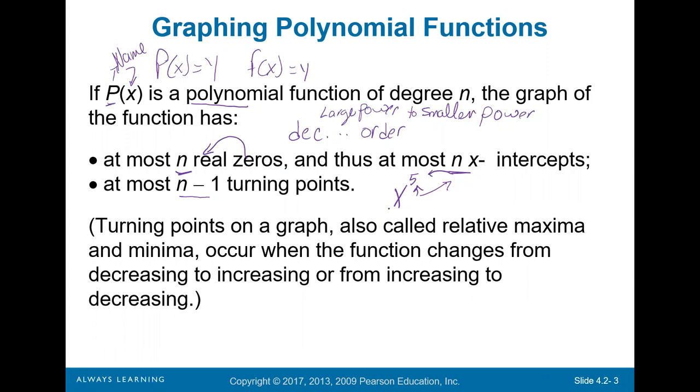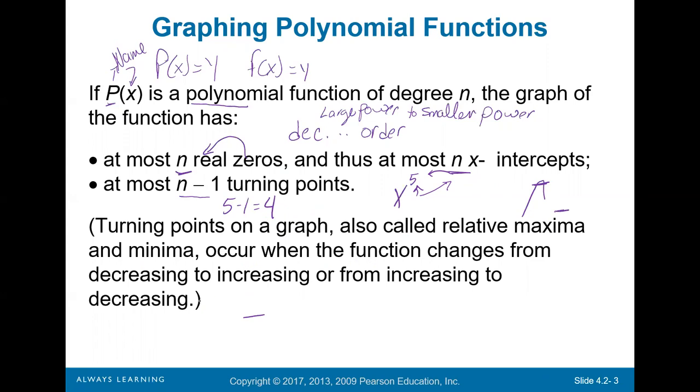Same with the zeros. And then that means that my turning points would be 5 minus 1, which is at most 4. Turning points may be fewer. Turning points on the graph are also called relative maximum, so it's going to be my high point, and the relative minimum, so it's going to be this low point down here.